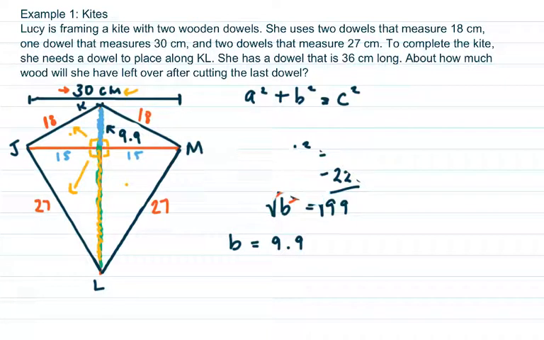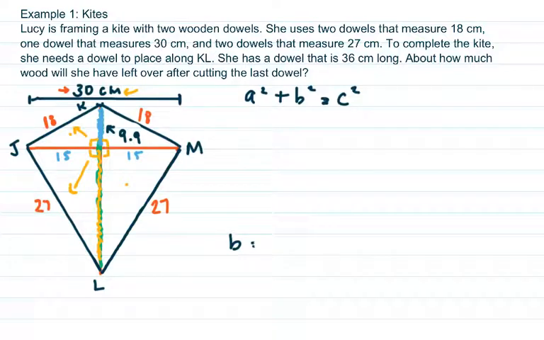Okay, so when I'm finding this, again, 15 squared plus b squared equals, in this case, 27 squared.